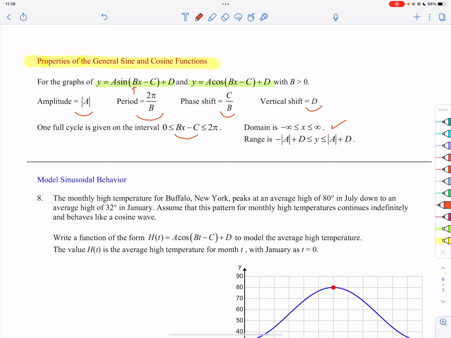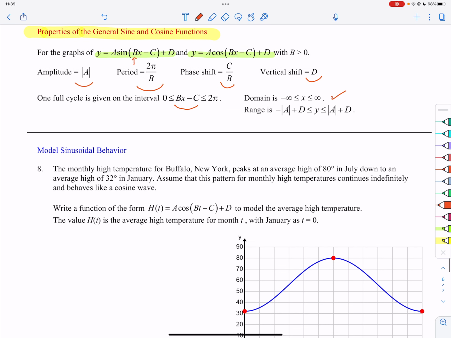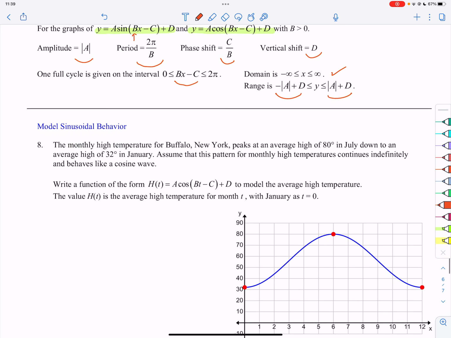Our domain is all reals, and the range has the amplitude plus D on one side, and we have the opposite of A on the other side, also with the plus D.